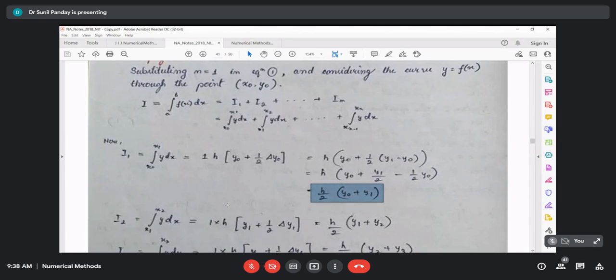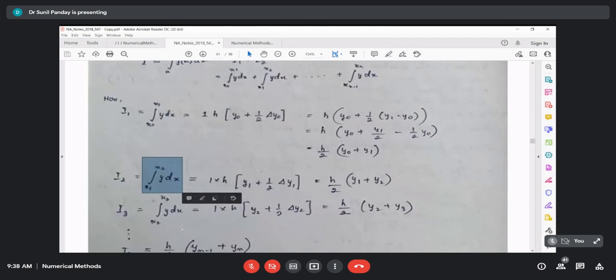Now the second interval, x1 to x2. Here again I have only 2 points, x1 and x2, but now the initial point is x1 instead of x0.